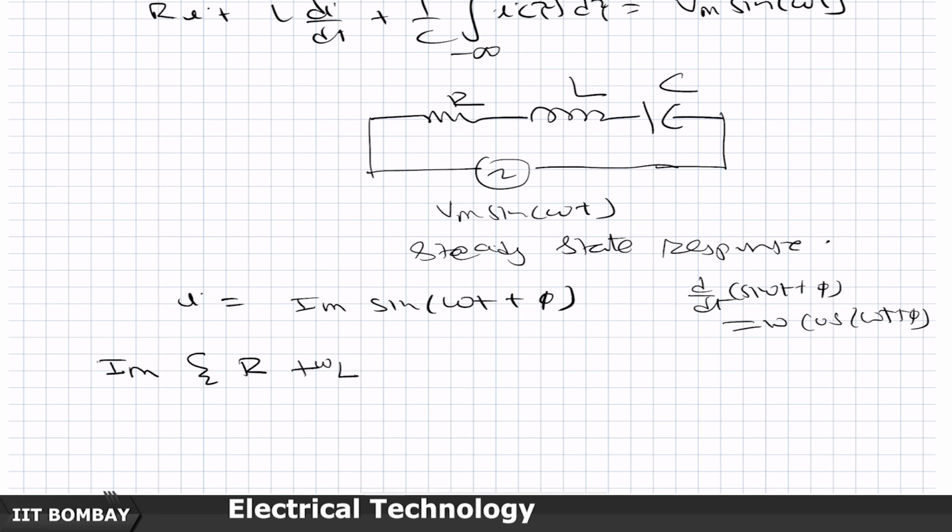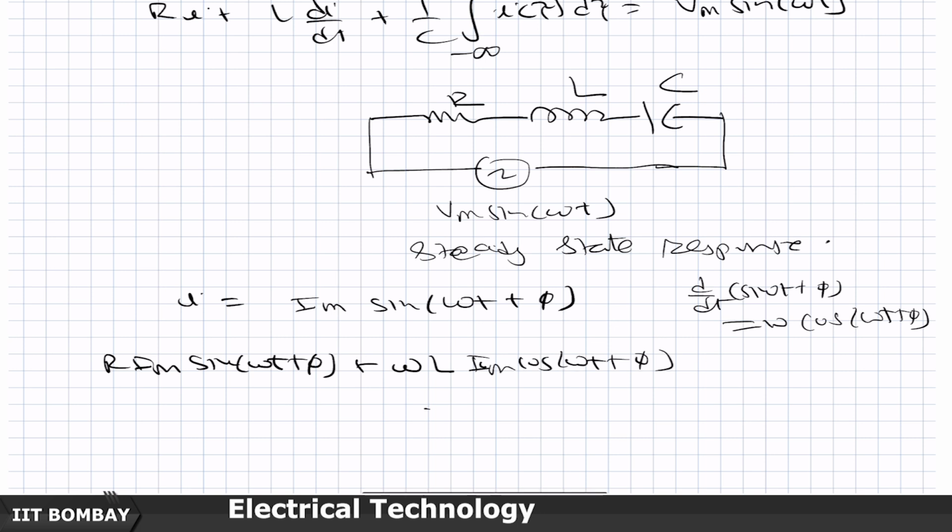So I will write this as R Im sine of omega t plus phi plus omega L Im cos of omega t plus phi minus 1 by omega C Im.